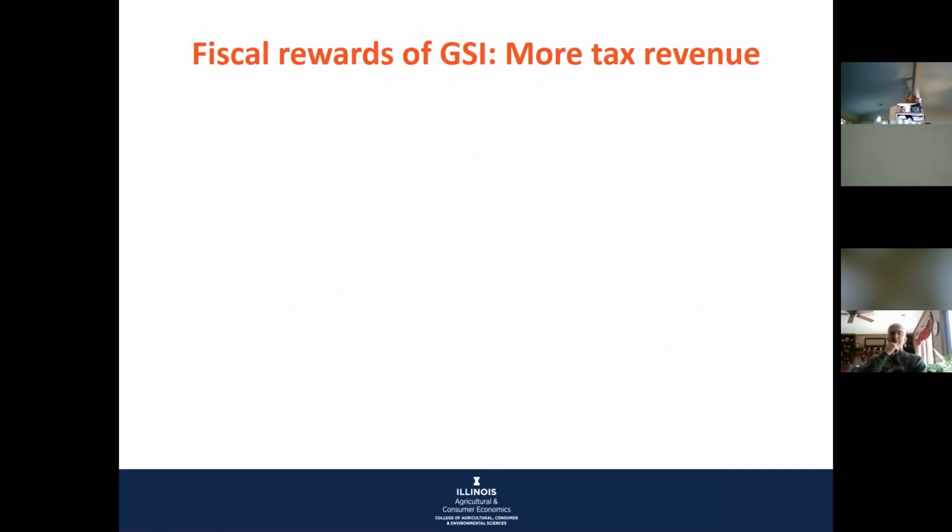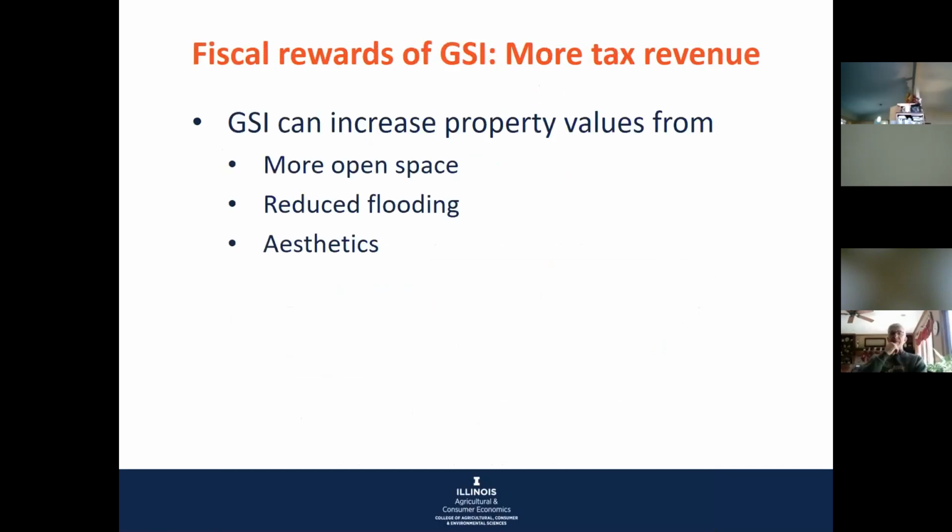Another fiscal reward of green stormwater infrastructure is that you could increase tax revenue. There's research indicating that green stormwater infrastructure can increase property values. Of course, it depends on exactly what you're using, but some green stormwater infrastructure approaches yield developments with more open space, and property values tend to be higher when homes are near open space.